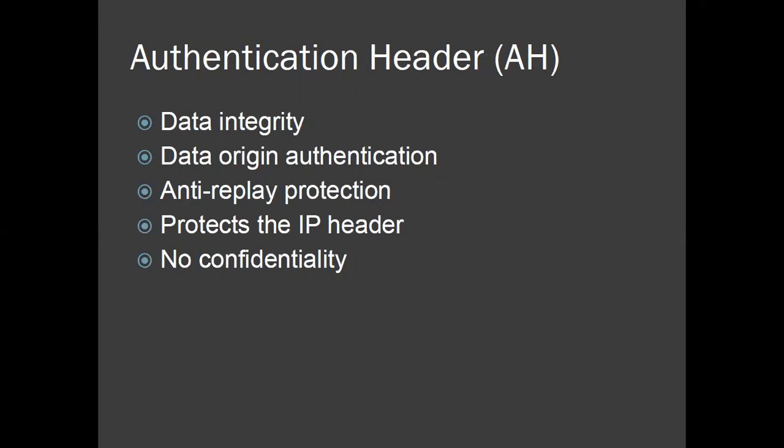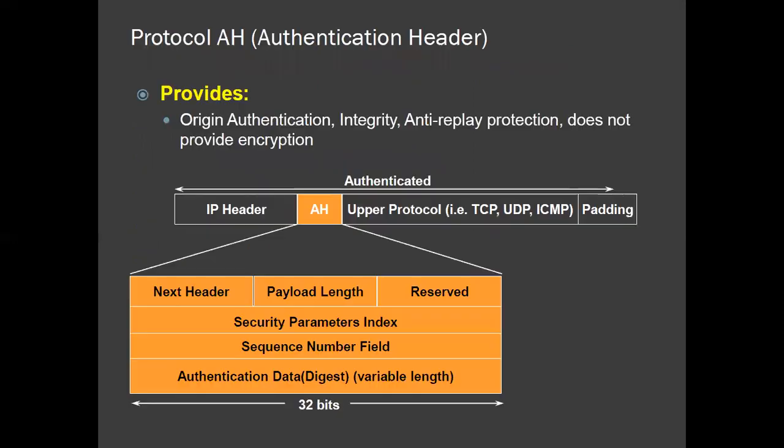This protocol provides data integrity, data origin authentication, anti-replay protection, and protects the IP header, but it does not provide confidentiality. These are the services provided by the authentication header protocol.